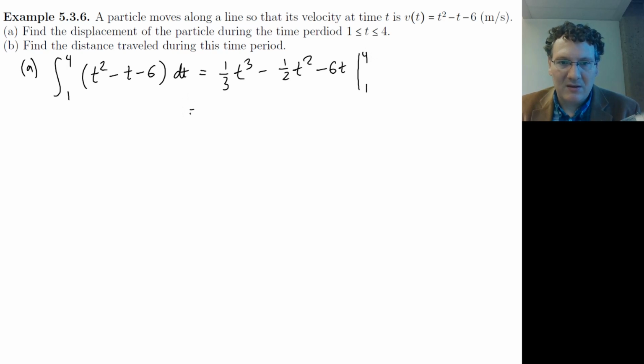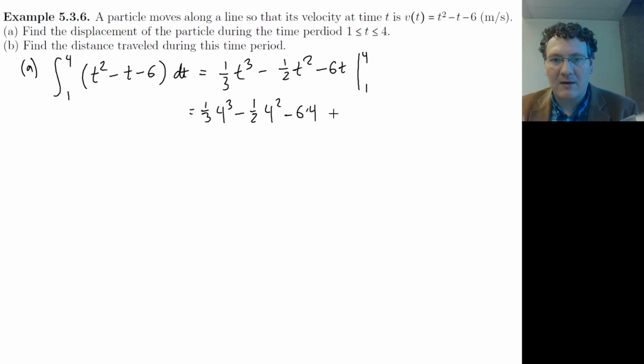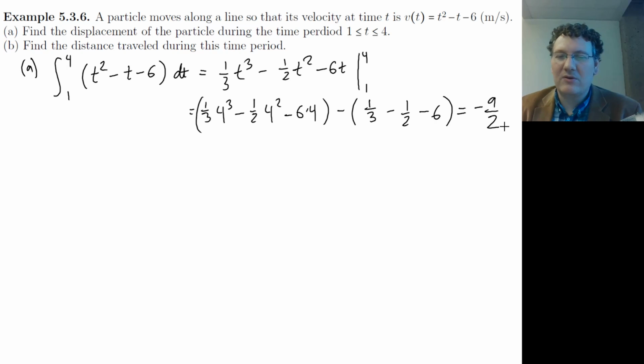So this is going to be 1/3 times 4 to the third, minus 1/2 times 4 squared, minus 6 times 4, minus this thing evaluated when you plug in a 1, which is going to be a 1/3 minus a 1/2 minus a 6. Okay, just work that out and you get negative 9/2 meters.